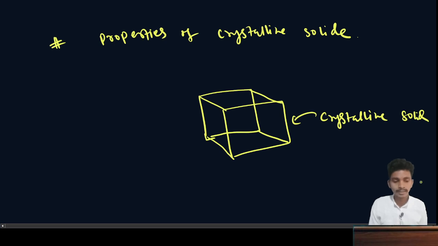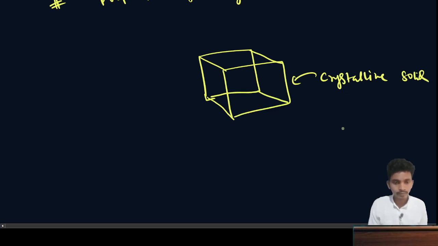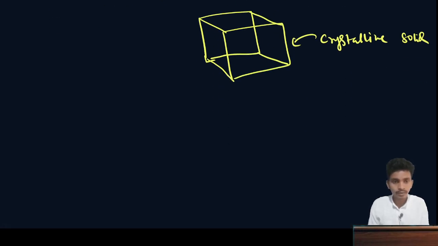What its property says is that at any of these points it has some interfacial angles. Interfacial angle means the angle between adjacent faces. Adjacent means nearer.